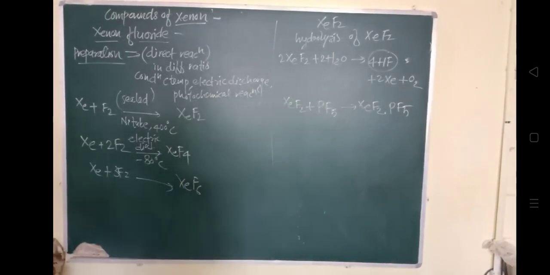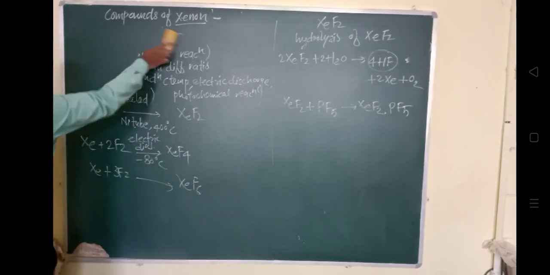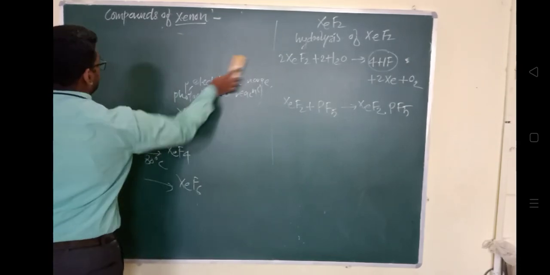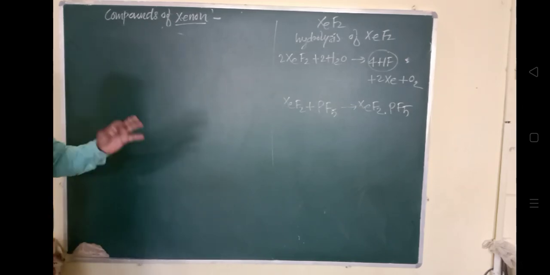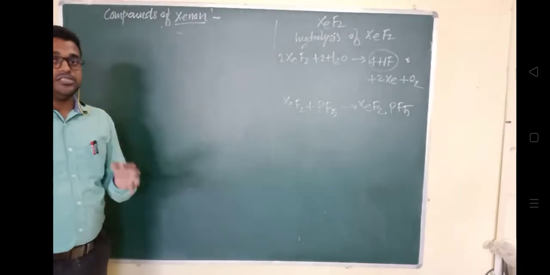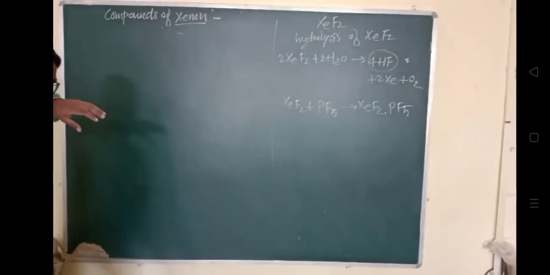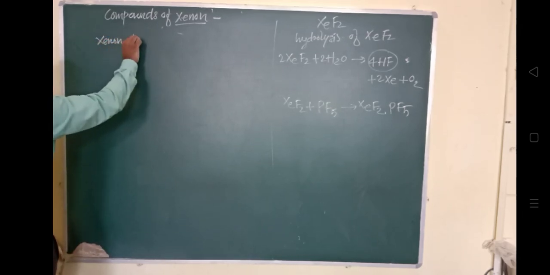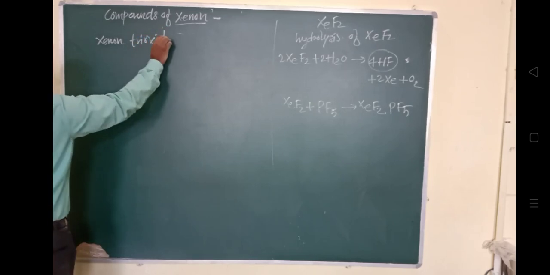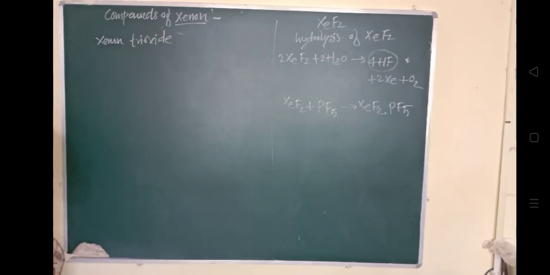Fluorides of xenon react with water. So XeF4, this is a fluoride of xenon, when it reacts with water, when it is getting hydrolyzed, it is forming twice Xe plus XeO3 plus 12HF plus O2.